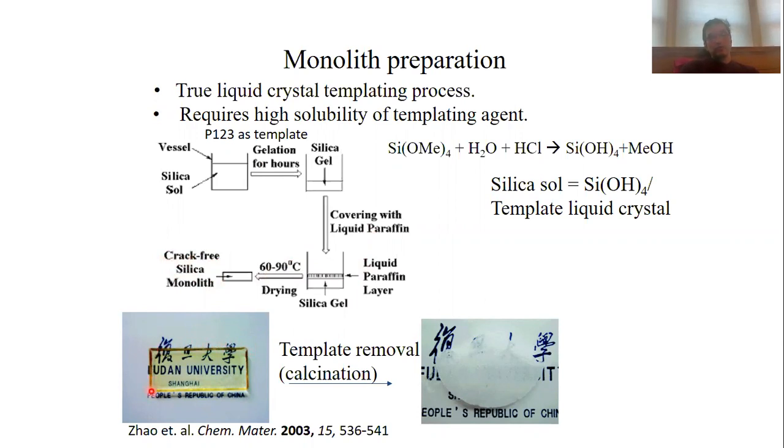So you still have to remove the polymer, and that's a challenge in itself, to remove the polymer without cracking. When you use the traditional template removal process, calcination, and heat that material to about 300 to 400 degrees Celsius to decompose the organic component, your monolith will crack.